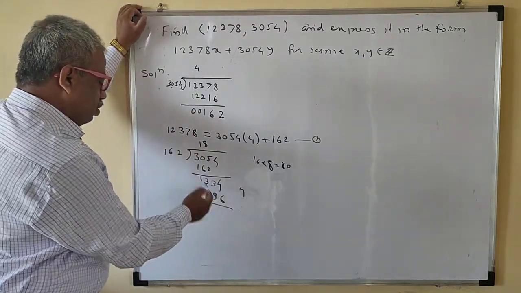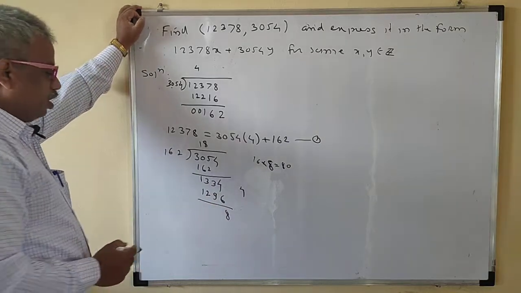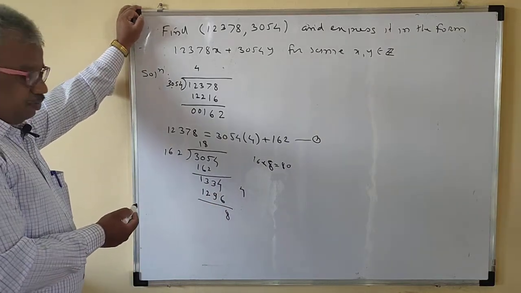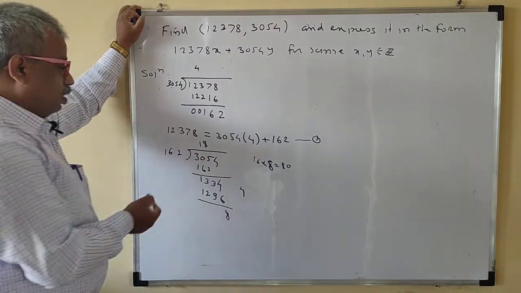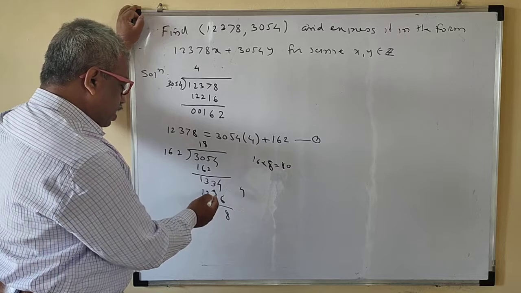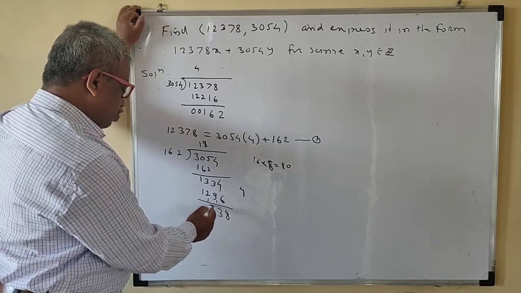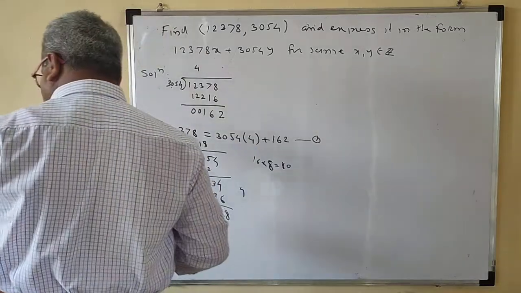So we'll take the subtraction of this one. This is 8, 8. You have to do this correctly now. So this is 1 here, then 13, this is 3 here, then 1 here, then 0, 0. So this is 38.